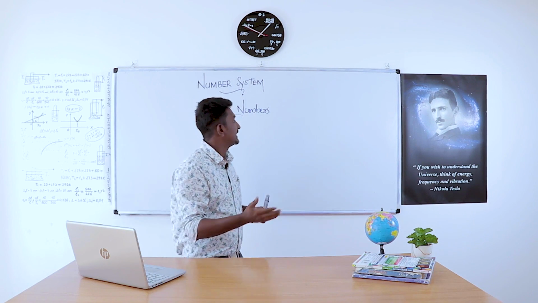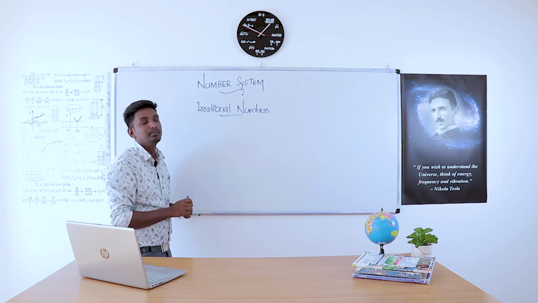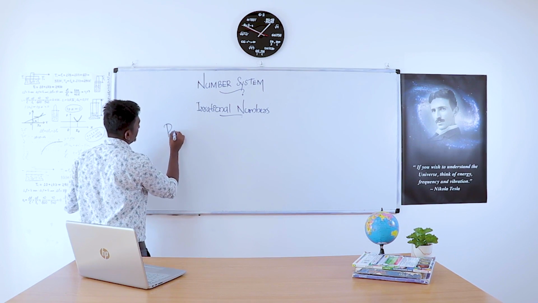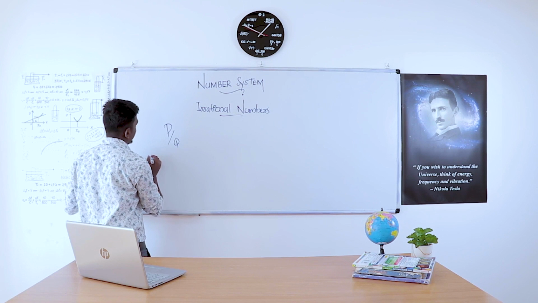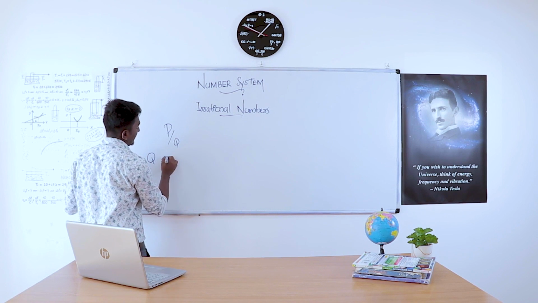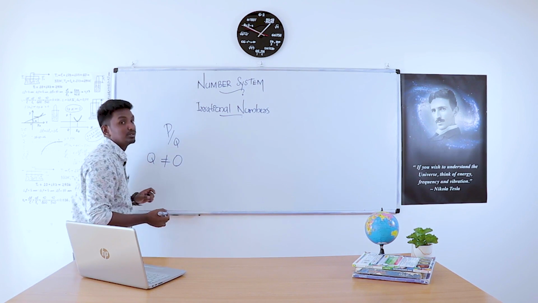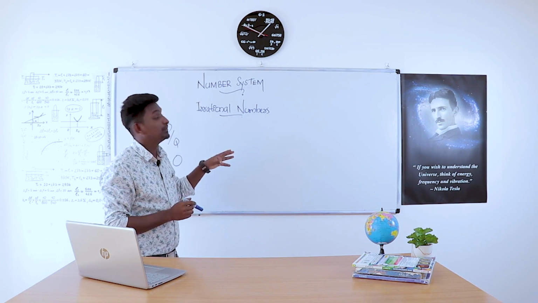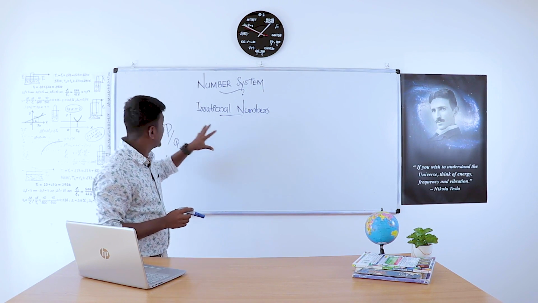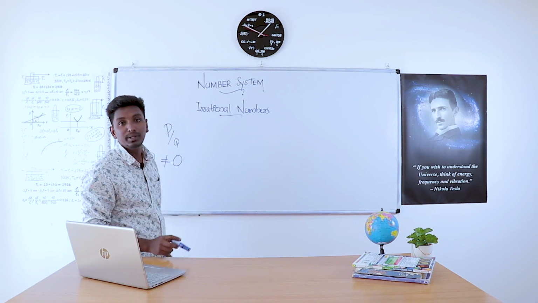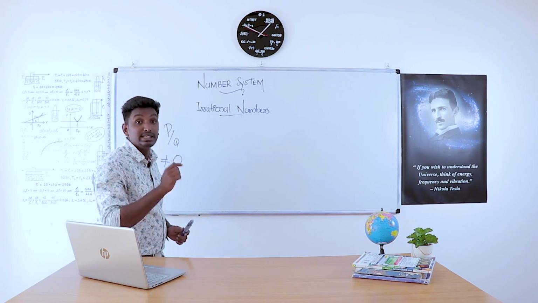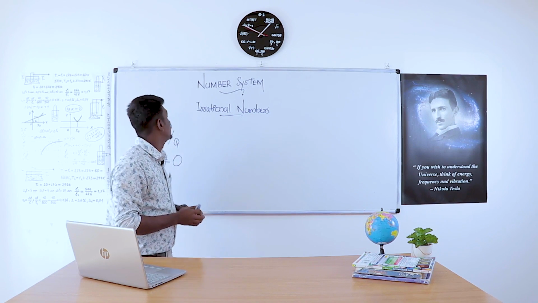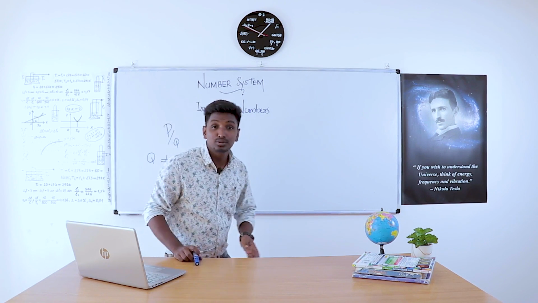We know that rational numbers are numbers which can be expressed in the form p by q, where p and q are integers and q not equal to 0. Irrational numbers are the numbers which cannot be expressed in the form p by q, where p and q are integers and q not equal to 0.